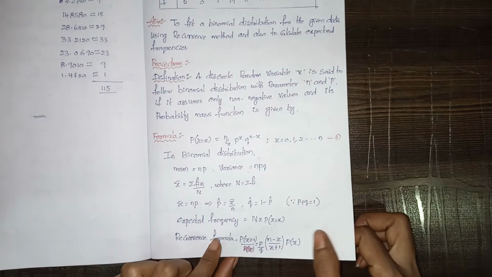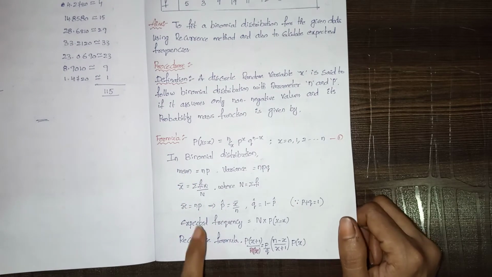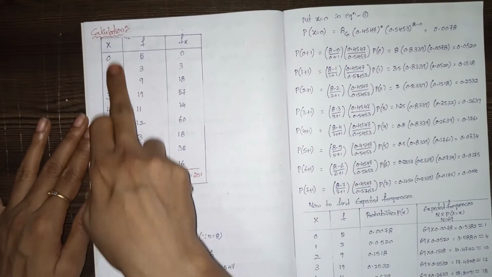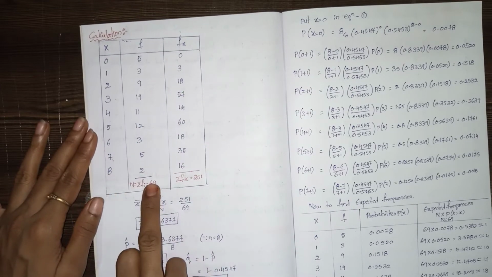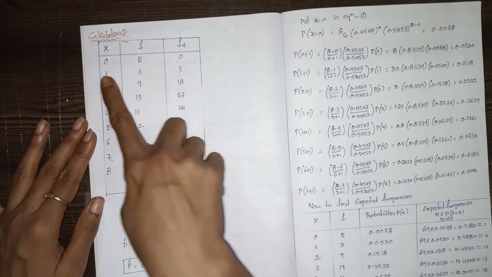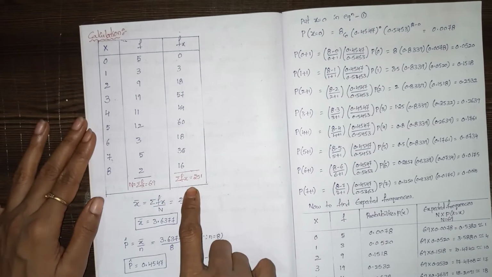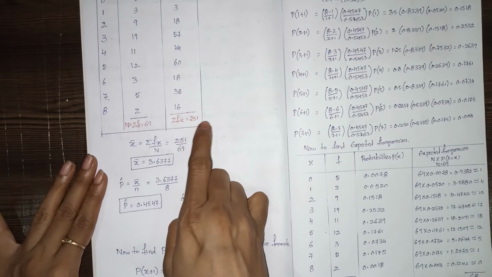Now we have to calculate the mean. In order to find the mean, first we write the x values and frequencies given in the question. Then we multiply f and x and add, and we get 251.